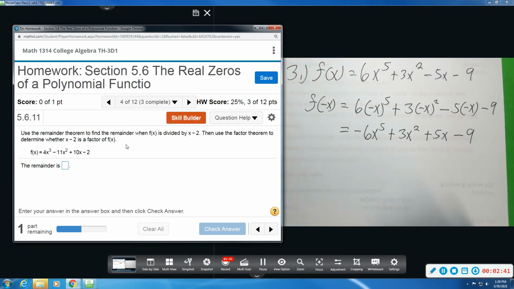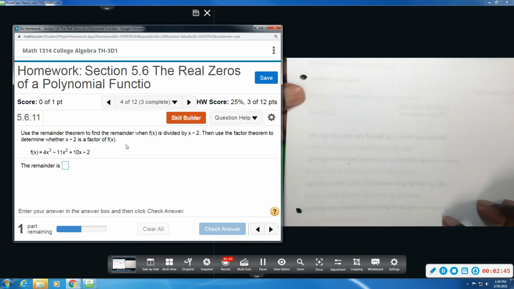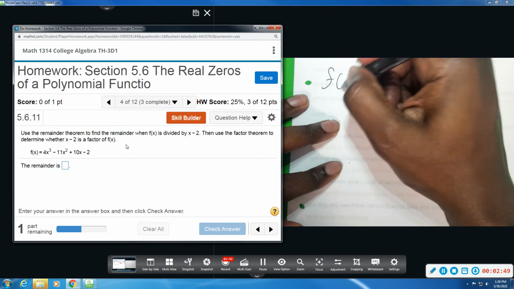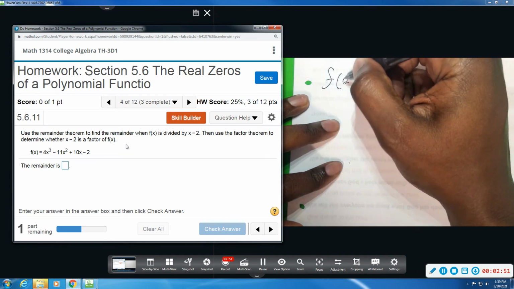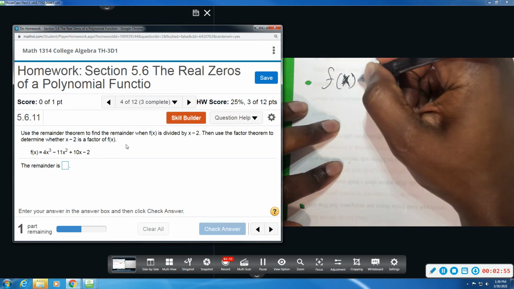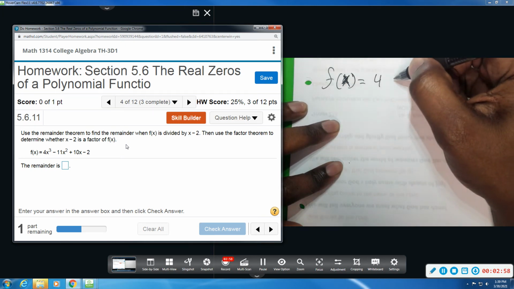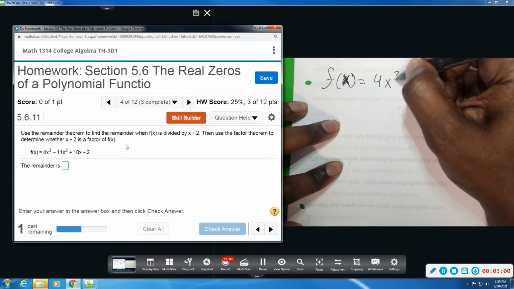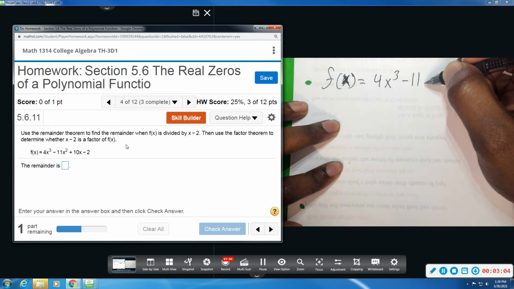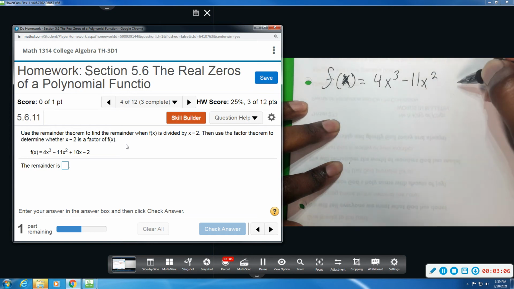Okay, so the remainder theorem says if we take this function f of x, and then we plug in the x value, whatever we get, that's what the remainder would be when we divided the polynomial.